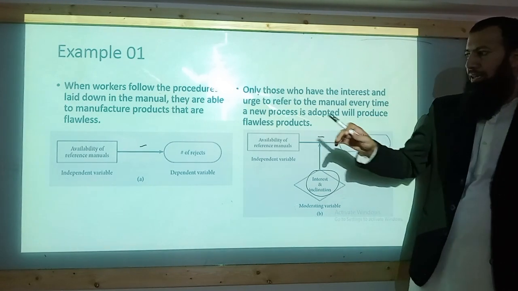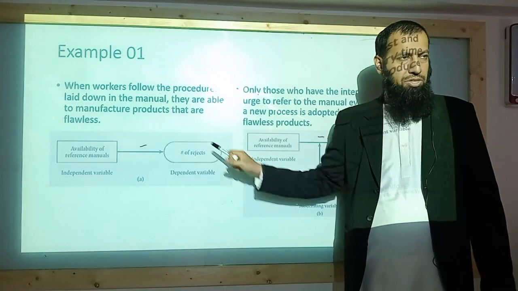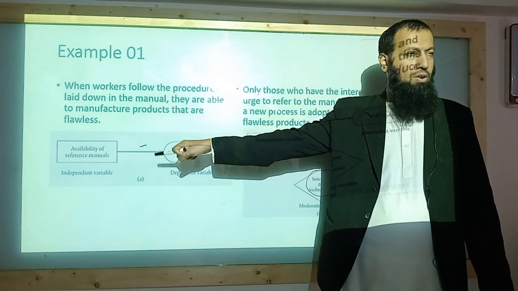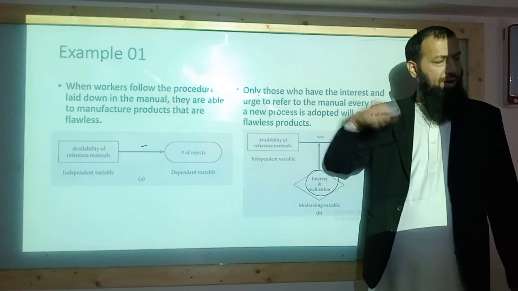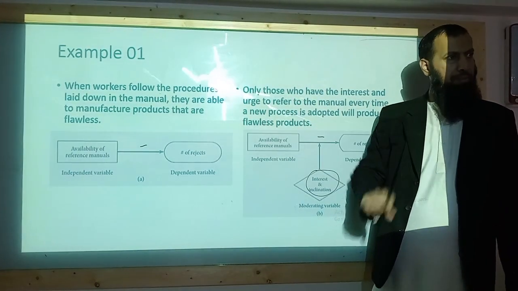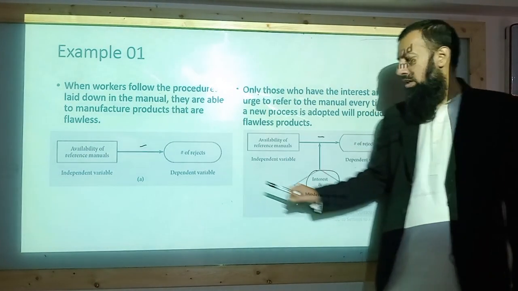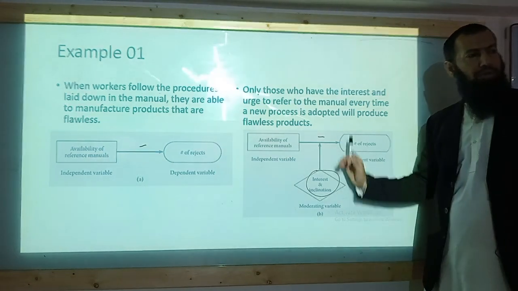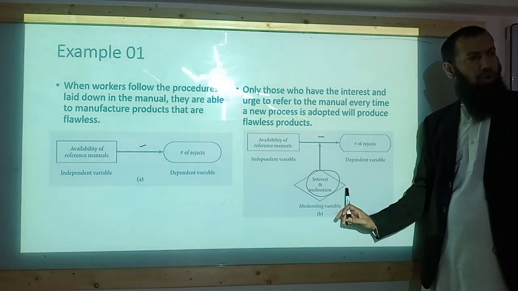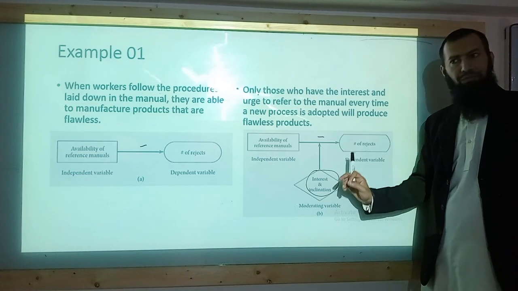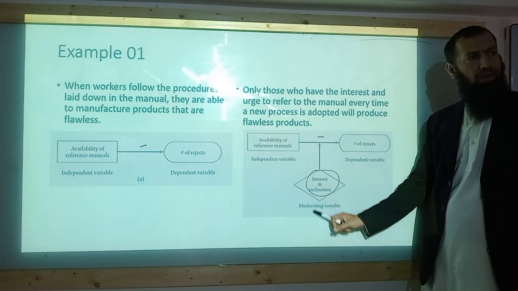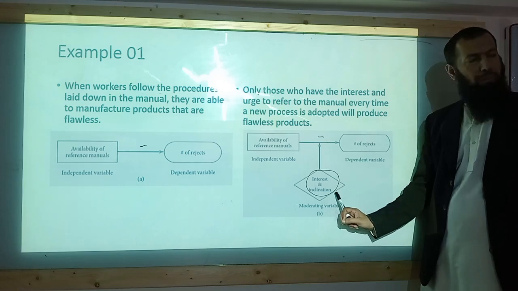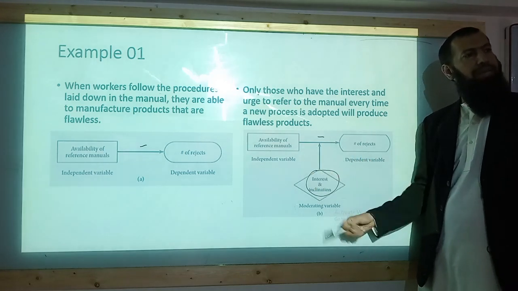Let me repeat again. There is an existing relationship between the availability of manual and the number of rejects. When there is more availability of manual, there are lesser number of rejects. Now we are talking about the inclusion of the moderating variable, that is interest and inclination of the workforce. So what happens? The existing relationship is stronger.